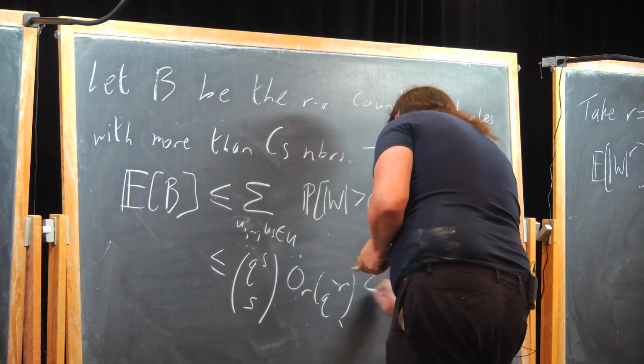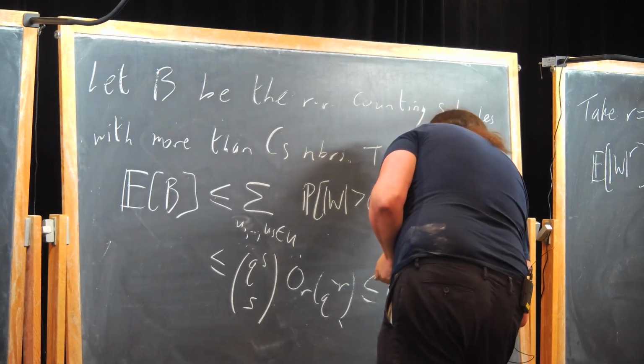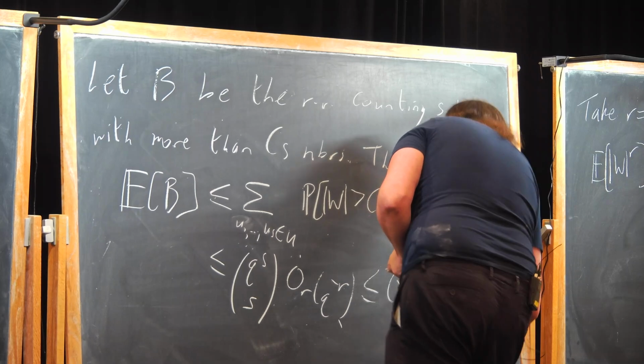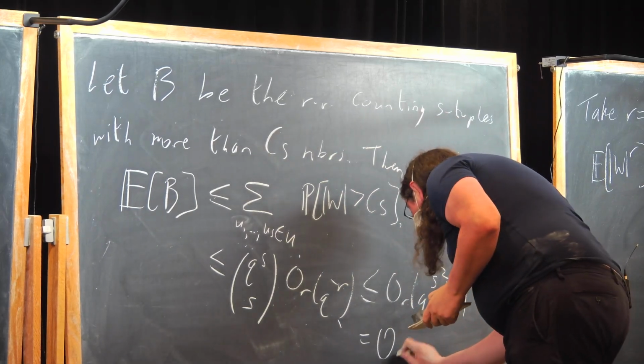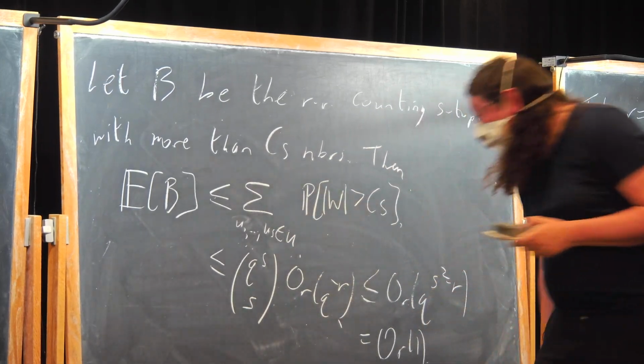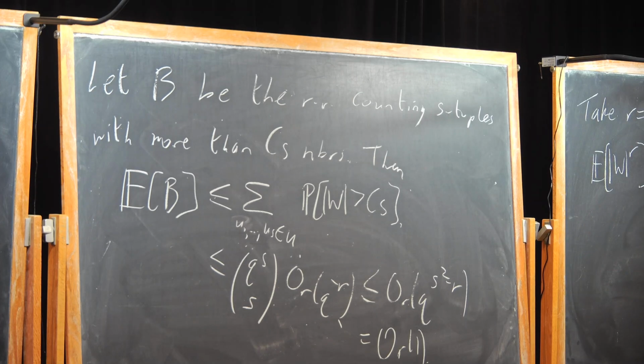So this is at most big O_r of Q to the S squared minus r, which is big O_r of 1. Okay, so actually, the total number of bad S-tuples, so the total number of S-tuples whose neighborhood is larger than constant, is just some fixed number. So I can just throw them away. You have to throw away all the edges touching them, but basically that's it.